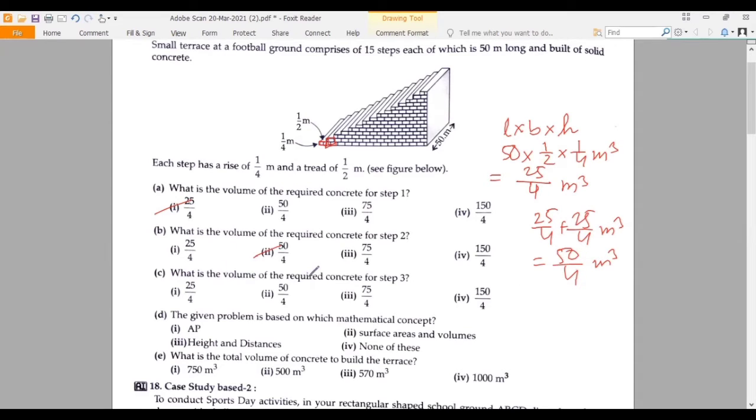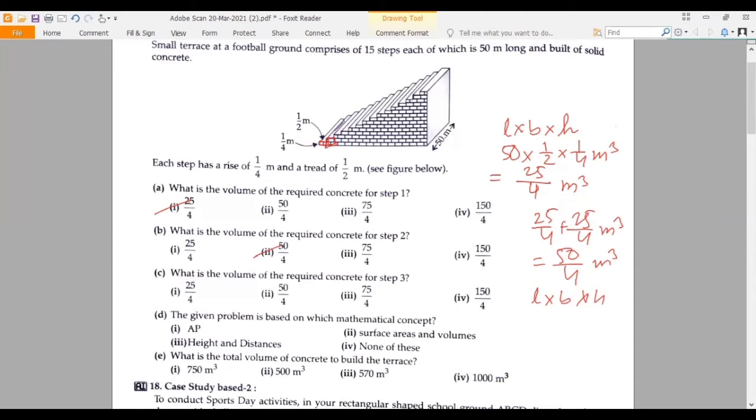Again, what is the volume of required concrete for step 3? I am showing this using that formula. Or you can add 25 by 4 again for each step. The first step means 25 by 4 meter cube volume. So each step volume will be 25 by 4 meter cube, and below there is another step. So length into breadth into height.